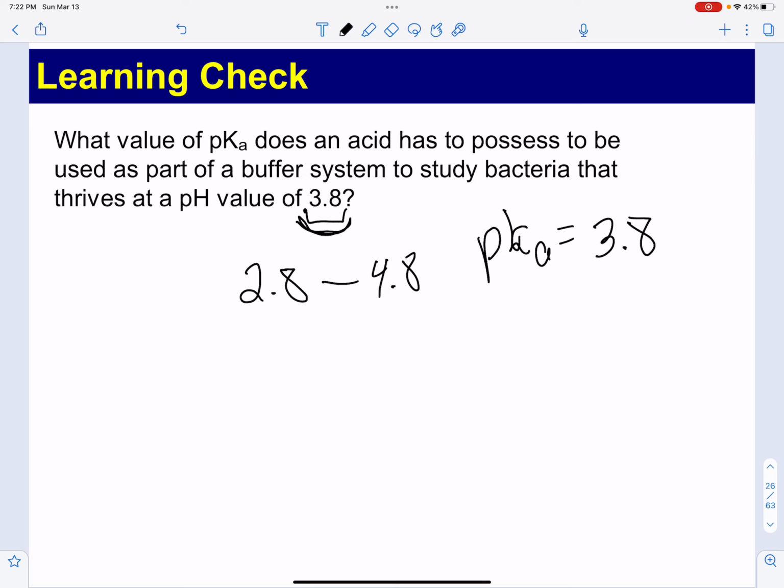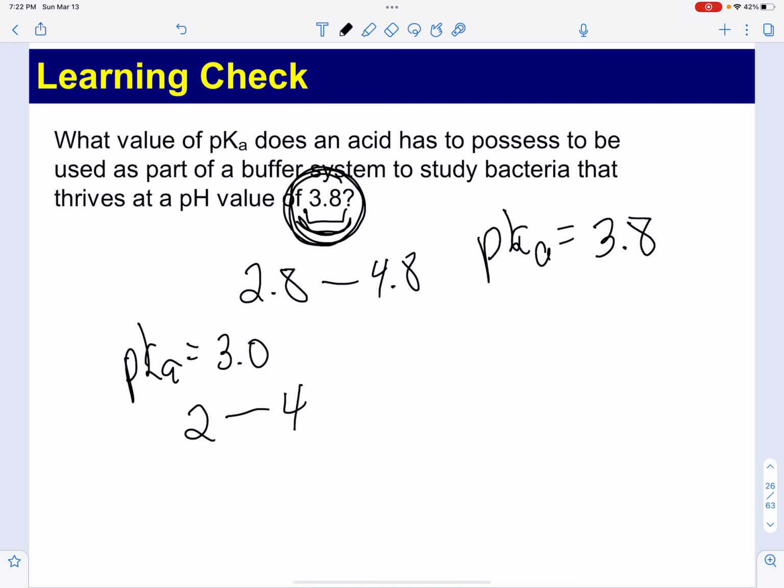So let's say that you have one that is 3.0. So if your pKa is 3.0, this buffer is going to be good enough for anything that you need to maintain between 2 and 4. So that buffer will work for something like this. It will be very close to the edge, but if that's all you have on your shelf, then you can use that because it covers that range.